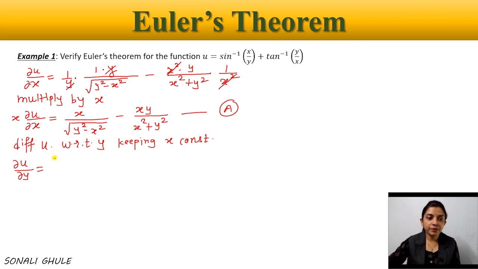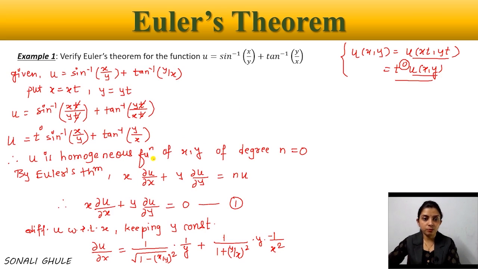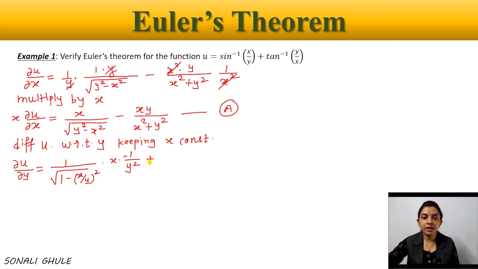So this time the derivative of sin inverse is 1 upon under root 1 minus x upon y whole square into derivative of x upon y with respect to y. So x is constant, minus 1 upon y square. Then plus the derivative of tan inverse y upon x, so it is 1 upon 1 plus y upon x whole square into derivative of y upon x with respect to y. So 1 upon x is constant and derivative of y is 1.